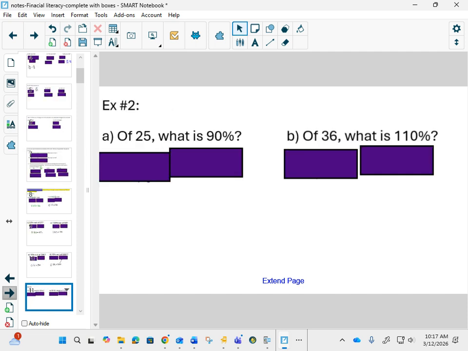Example 2. What is 90% of 25? Let's change it to a decimal, 0.9 times 25. And what should we get? 22.5. Try part B. 110% of 36.